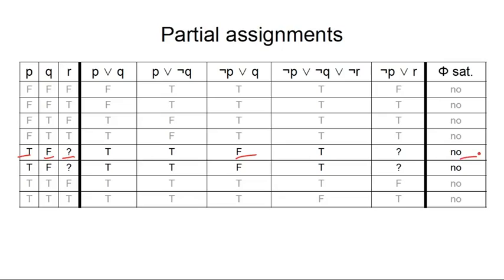So because we already know this from a partial assignment on P and Q, we don't actually need to go through the work of examining the 2 complete assignments to determine that in each complete assignment, phi is not satisfied.